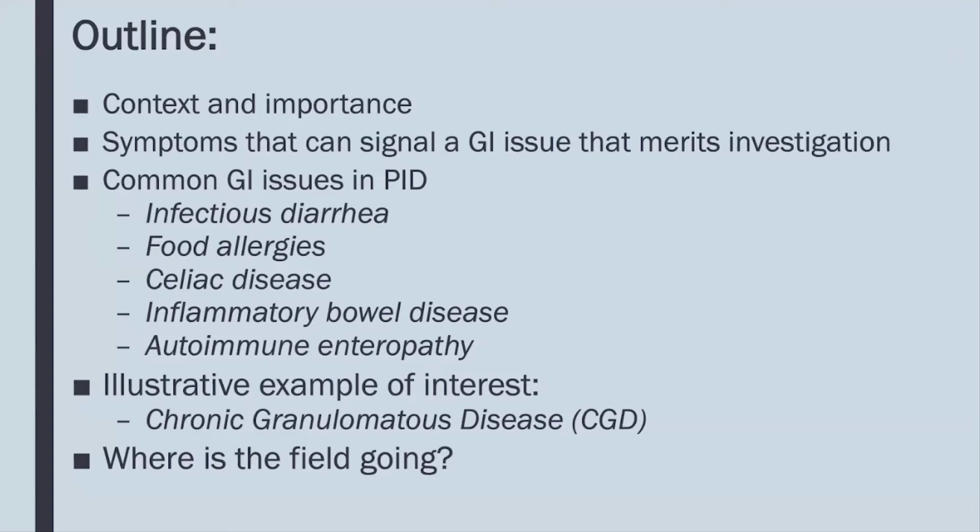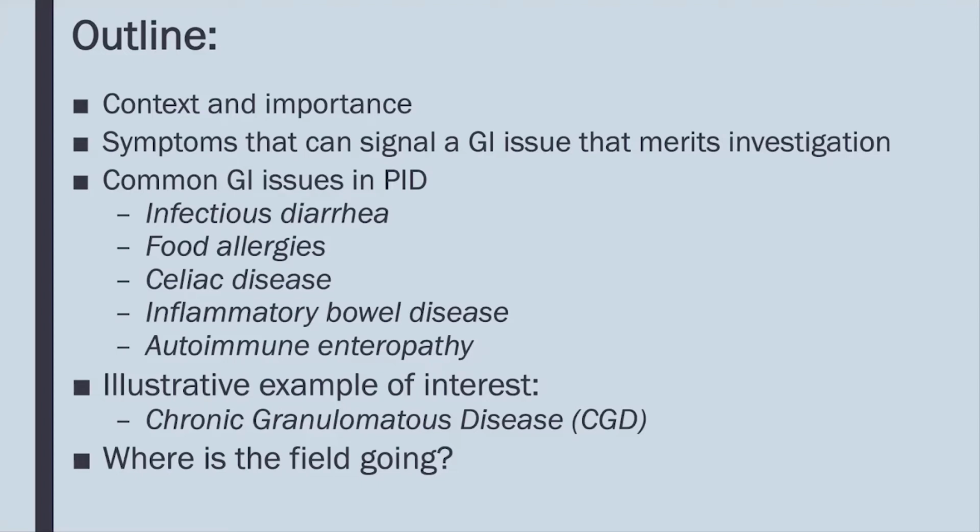Next, I'll display to you some of the symptoms that can signal an underlying gastrointestinal issue that merits investigation. I'll follow this by going over some of the common GI issues that we might see in primary immune deficiencies. I'll specifically touch on infectious diarrhea, food allergies, celiac disease, inflammatory bowel disease, or IBD, and autoimmune enteropathy.